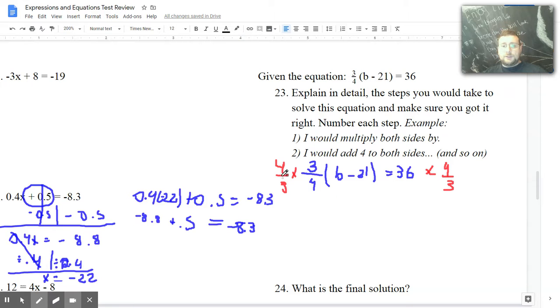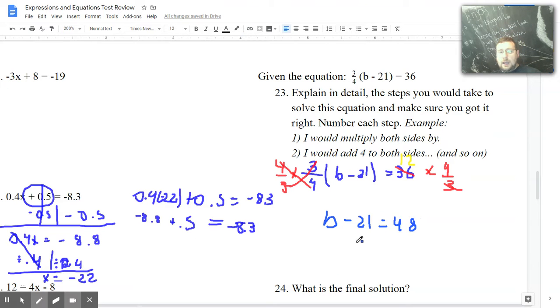When I do that to both sides, the fractions will cancel out over here, and then I have to deal with whatever is over here, right? Now, 36 divided by 3 actually gives me 12. And then 12 times 4 is 48. So now I know that what I ended up with for my next step is just b minus 21 equals 48.